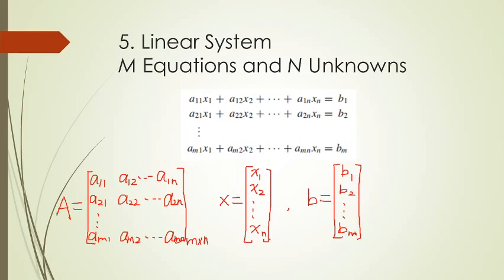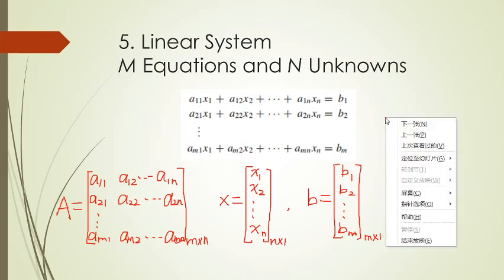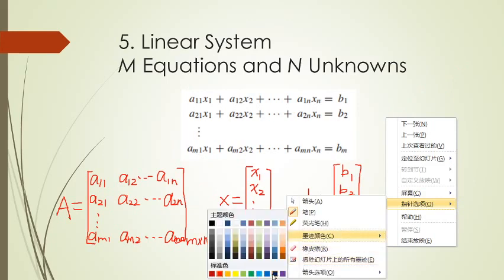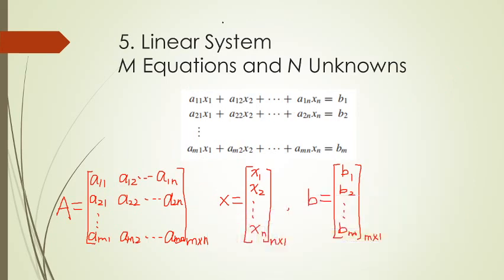This x is n by 1 column vector. This constant b is m by 1, right? So we can rewrite this linear system in the matrix format, Ax equals b.